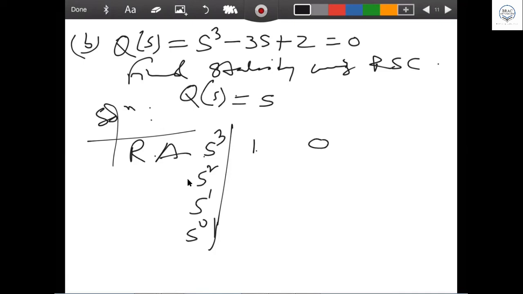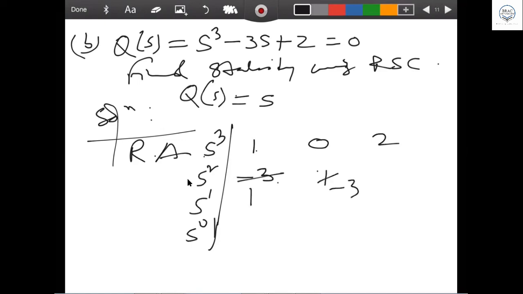Then what is the second row? Minus 3. This is no, s square... minus 3, then first row is 1, minus 3. Okay, you said that this is the first row, and this is minus 3, like that, right?